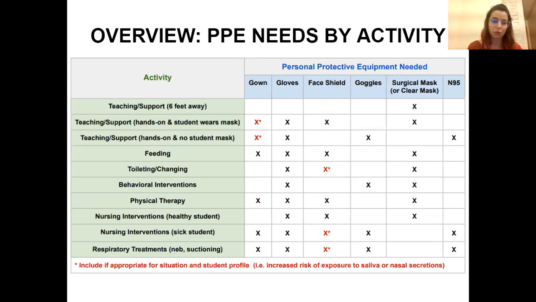And of course, any respiratory treatments in which you're expecting aerosol generation, then we are recommending the full PPE. So gown, gloves, face shield if appropriate, but certainly goggles and N95 respirator.